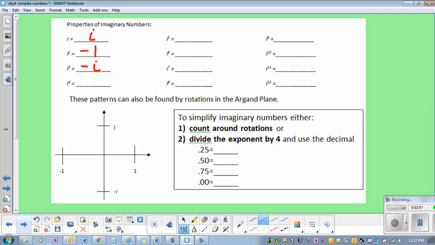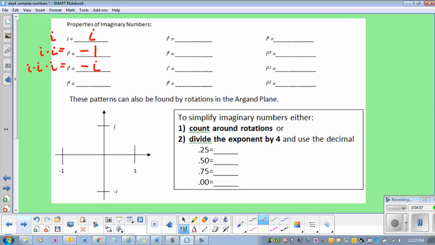Do you agree? If i times i equals negative 1, then i times i times i is i times negative 1, so negative i.